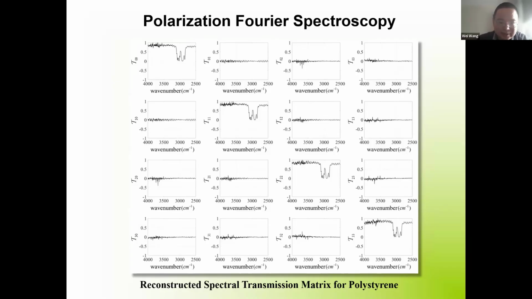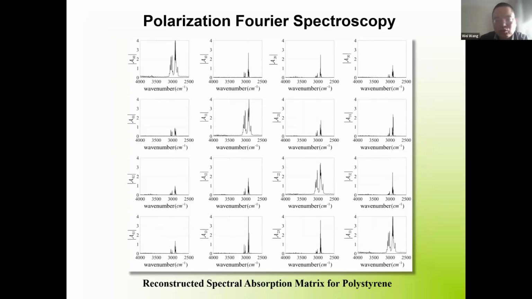Here is the reconstructed spectral transmission matrix for the polystyrene, and from it we can also reconstruct the spectral absorption matrix for this material. From this figure, you can quickly see that, as expected, this polystyrene sample does have the birefringent effect for each different spectrum distribution. This is probably the first demonstration of polarization Fourier spectroscopy.